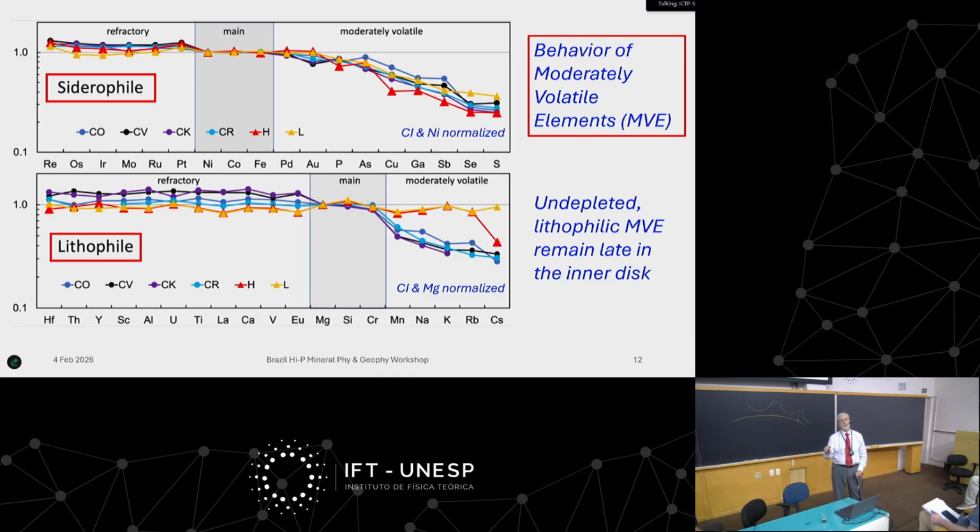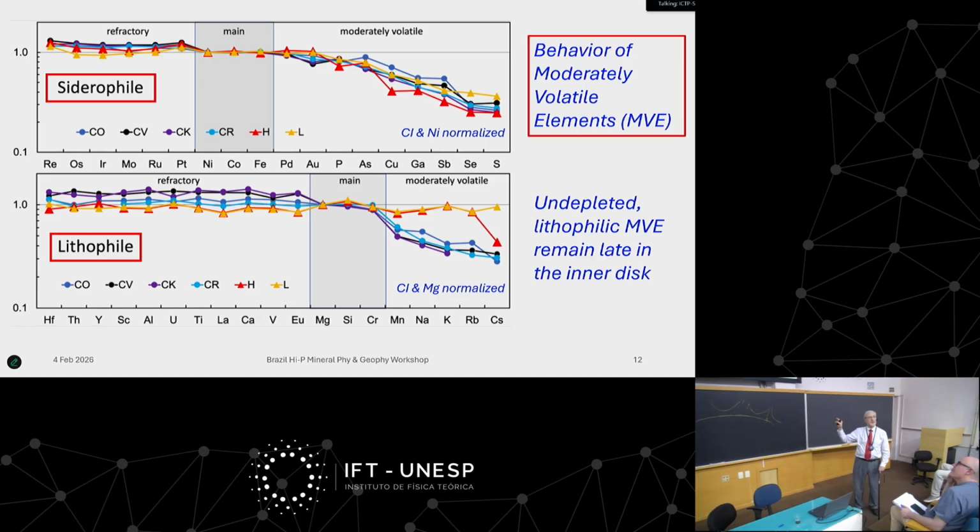And that became the JANAF tables, the Joint Army, Navy, Air Force thermodynamic tables. We still use them today to understand condensation in the solar nebula disk. World War II research being used for science today. And it's those thermodynamic properties that helped us understand what are the refractory versus the volatile elements.